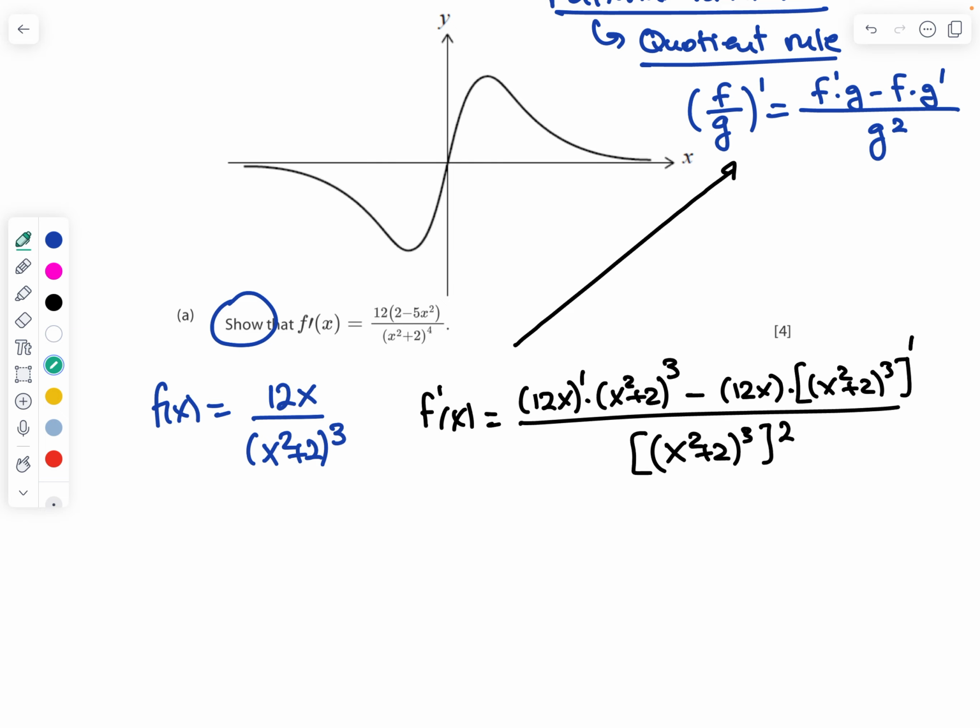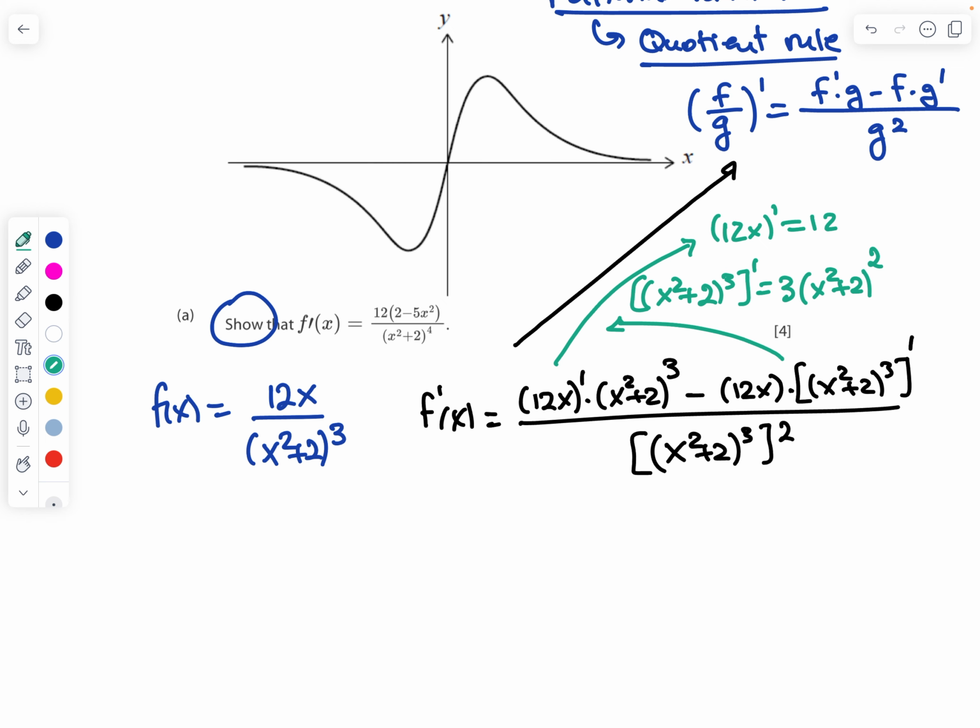Now let's calculate the individual derivatives. The derivative of 12x is just 12. However, for the derivative of (x squared plus 2) to the power of 3, we have to use the power rule: 3 times (x squared plus 2) to the power of 2, times the derivative of x squared plus 2, which is when I apply the chain rule.